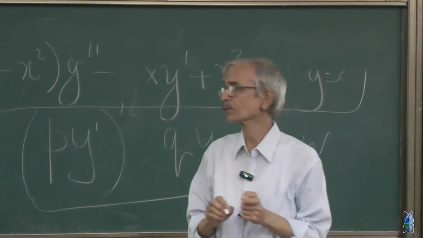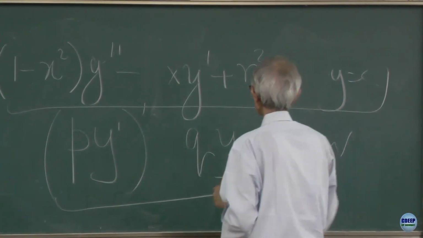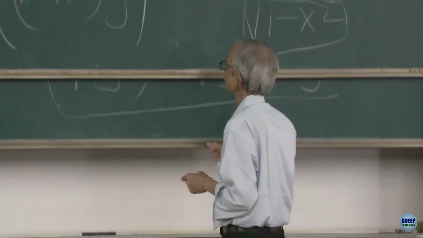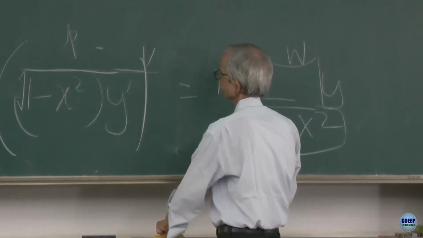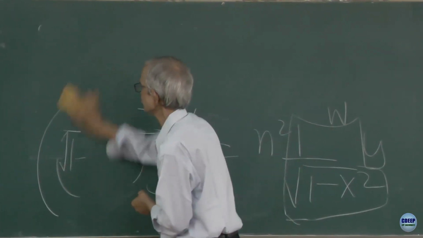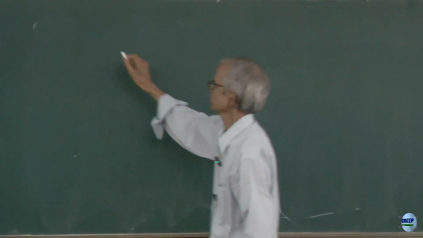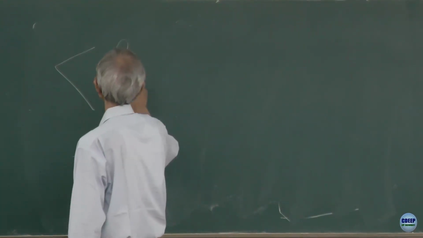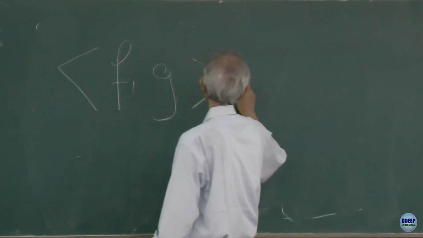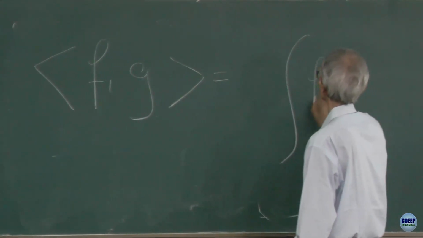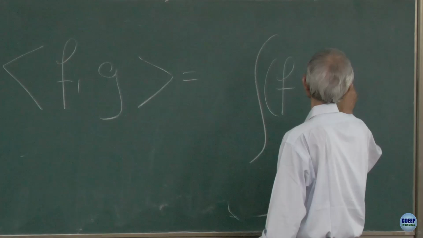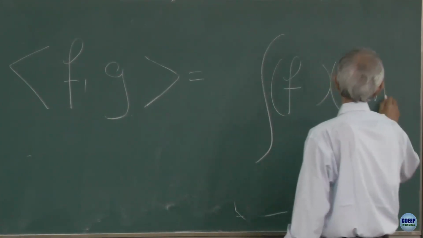And the inner product is no longer just the inner product of two functions. Remember, we said the inner product of two functions in this framework is equal to f and then g, and then there is a w.